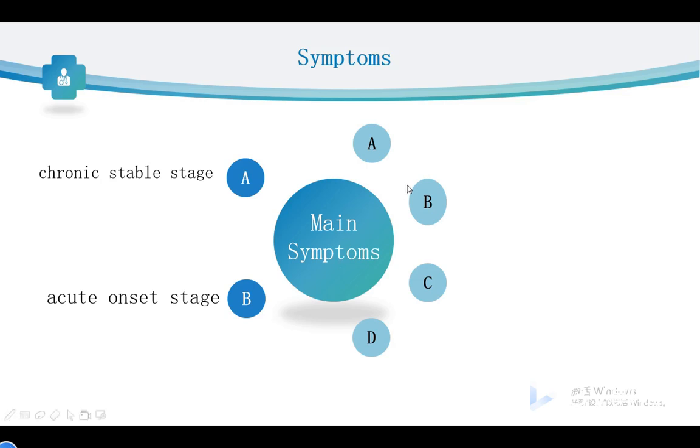The first symptom is wheeze. It presents that the patient feels dyspnea, hard to breathe, and they will do forced breathing with fast and deep breaths. That is the wheeze. The second one is the shortness of the breath.